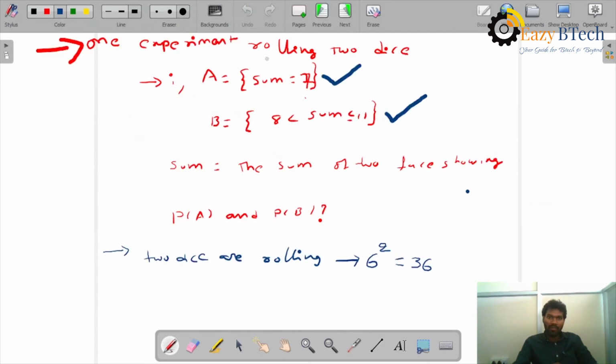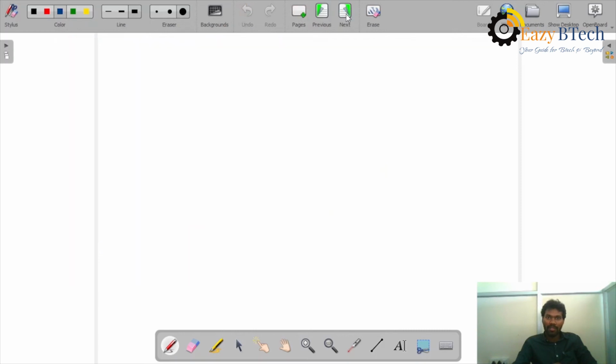Moving on to the first one. What they show here is sum is equal to 7. Sum 7 means you can have 1 on the first die, 6 on the second die.